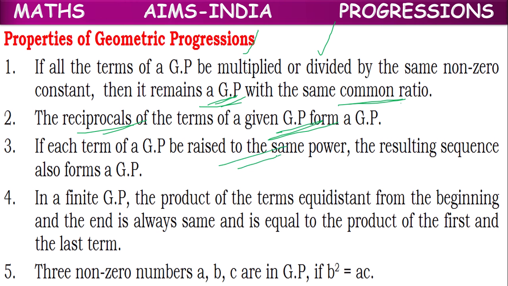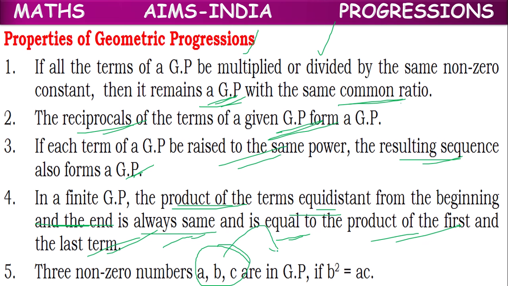Or if you raise each term to the same power, the resulting sequence is a GP. The product of terms equidistant from beginning and end is always the same and equal to the product of the first term and last term. And a, b, c, three successive terms, will be in GP if and only if b squared equals ac, where b is considered as the geometric mean of a and c.